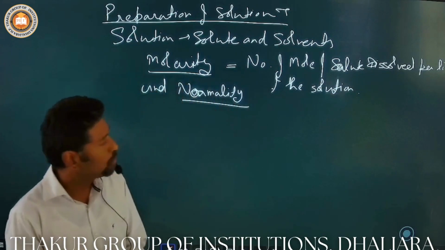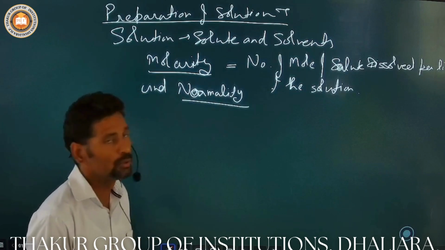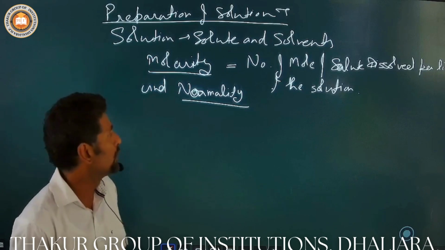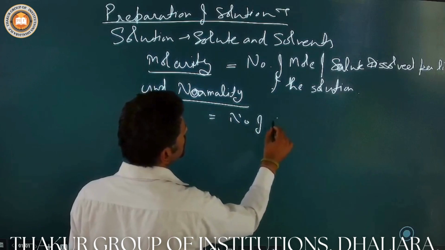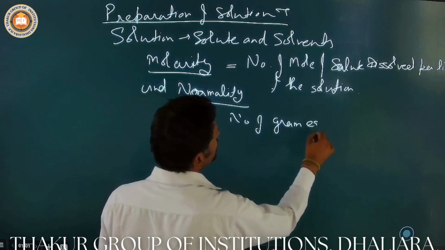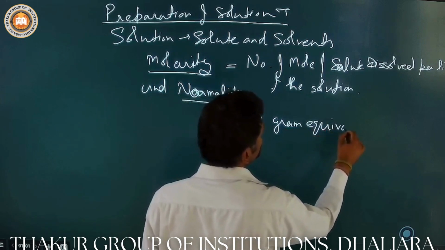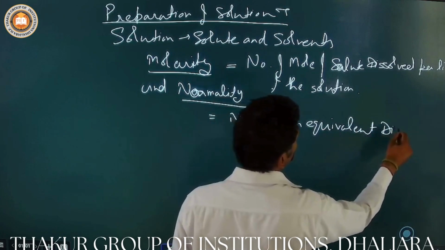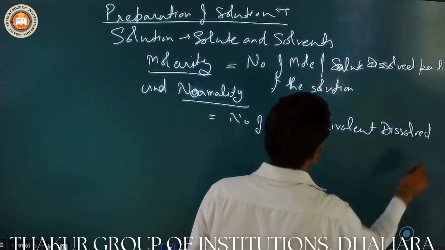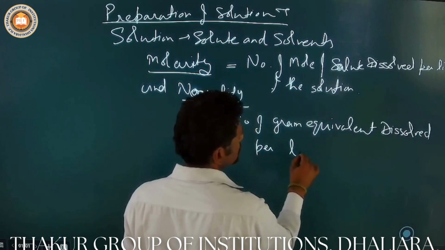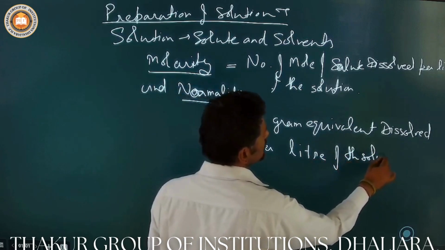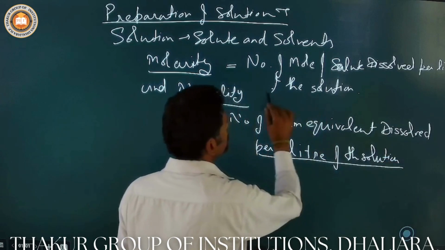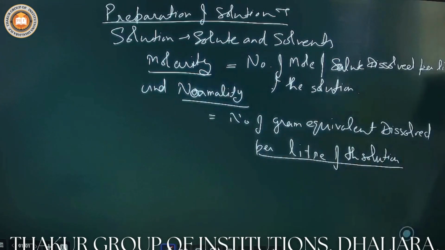It means how many moles are dissolved in the solution, which gives us the information about the molarity, whereas normality gives us the number of gram equivalents dissolved per liter of the solution. With this terminology, we generally prepare our solutions.